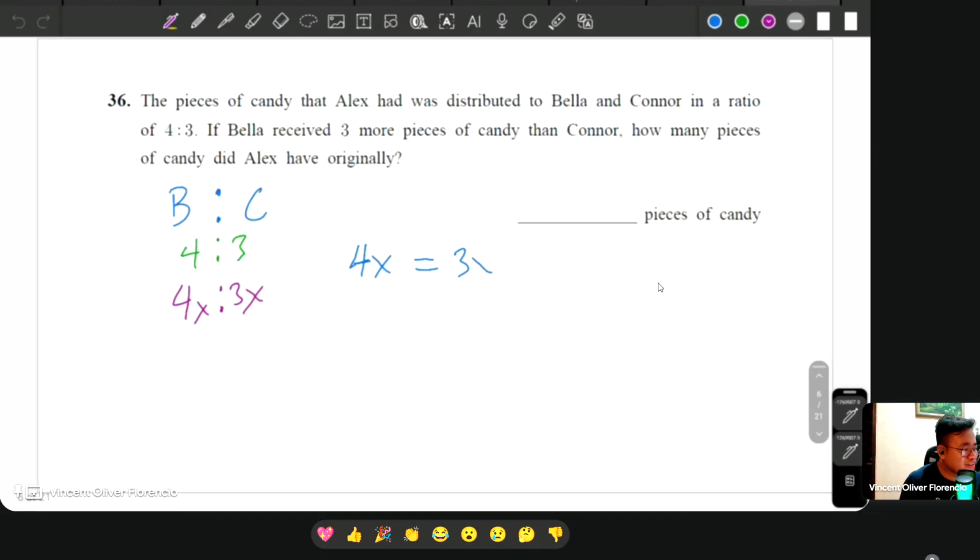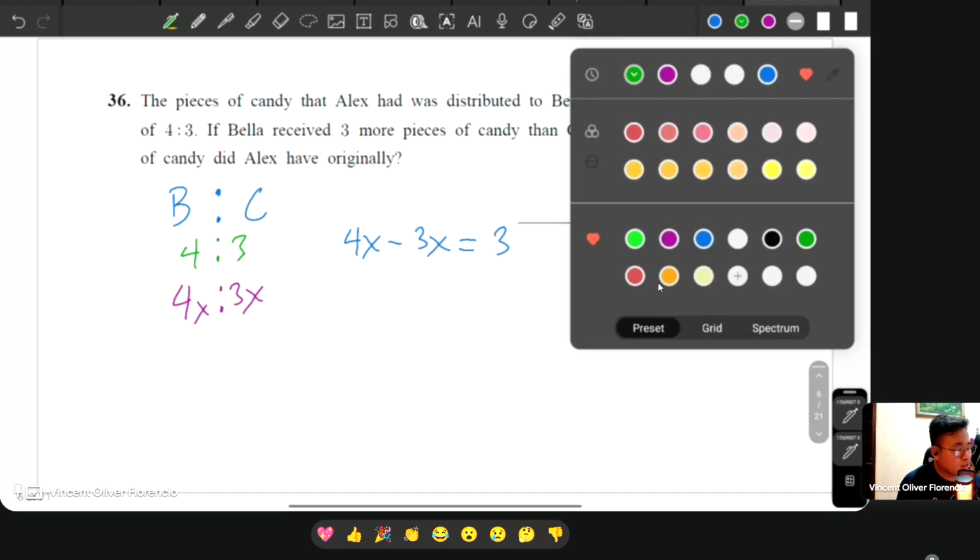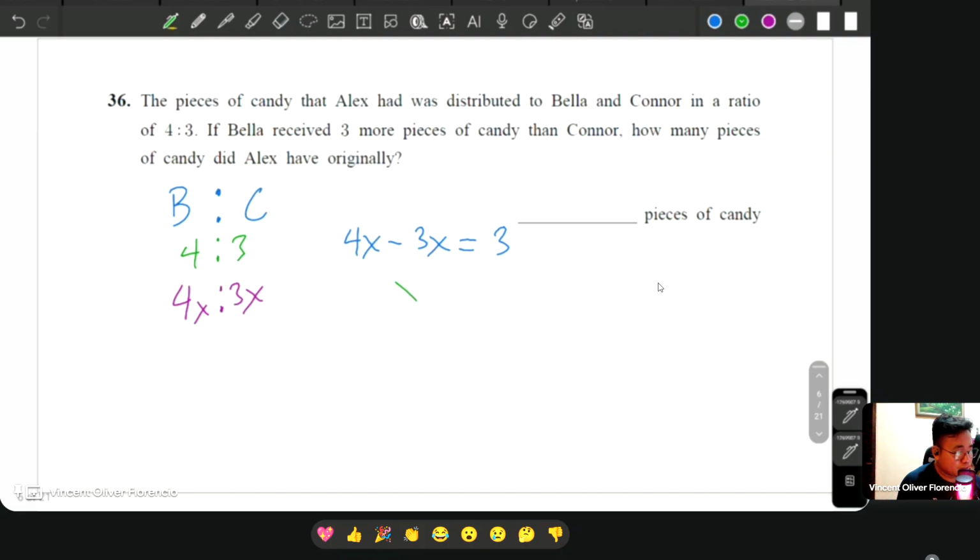Sorry, the other analysis here is that when we subtract, because it says there that Bella has 3 more, Bella has 4x, Connor has 3x. If you subtract that, that will be 3. So on the left side, we will have 4x minus 3x. It's going to be x is equal to 3.